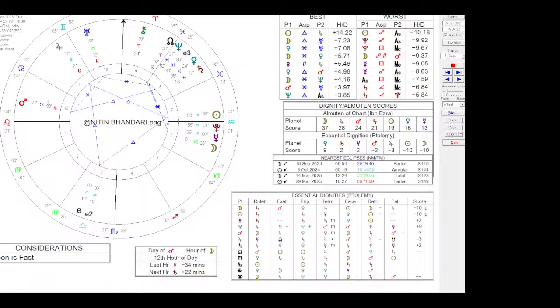Now, if we see the Nifty price, it is making an exact 120-degree angle to Saturn, and 155 degrees to Pluto. So this price was activated by the Saturn-Pluto semi-square.